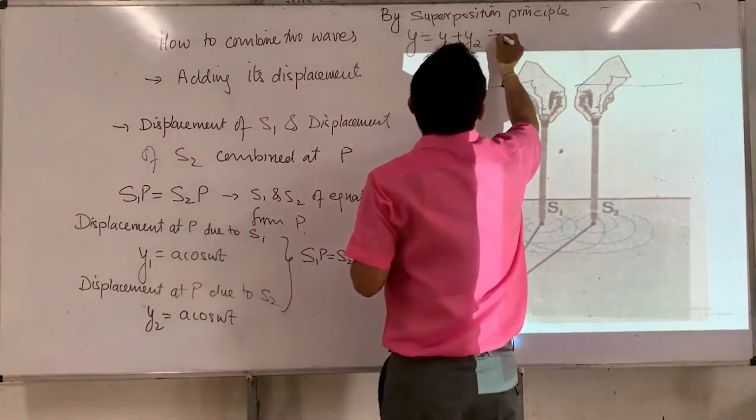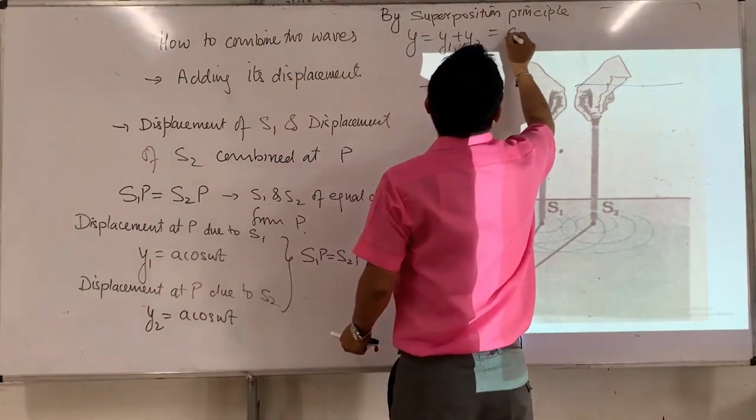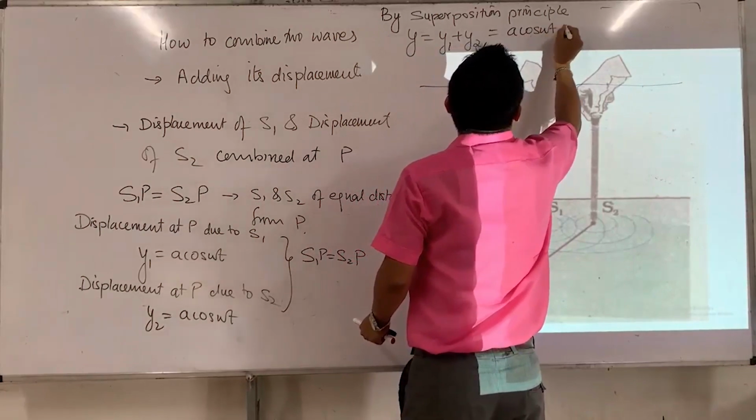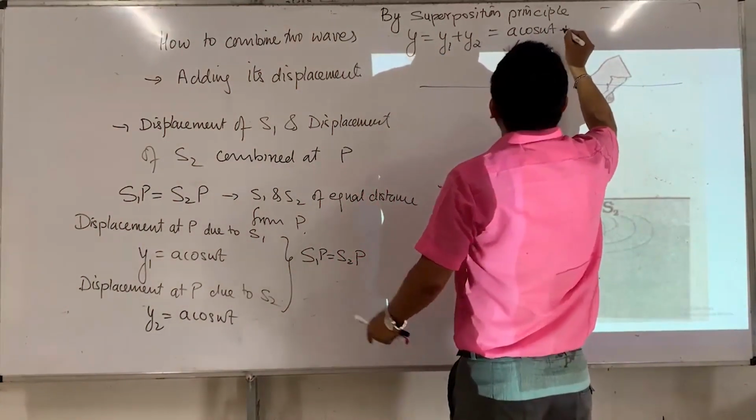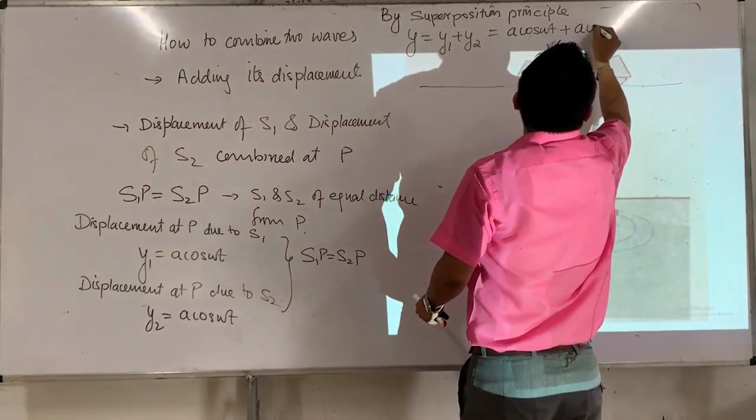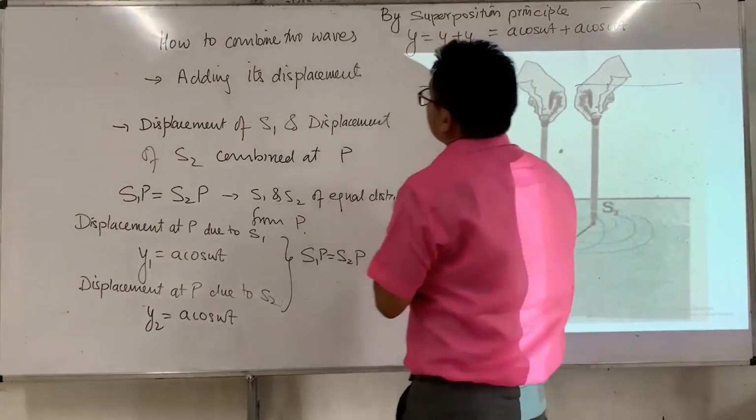Therefore, y1 is A cos omega t, and y2 is A cos omega t.